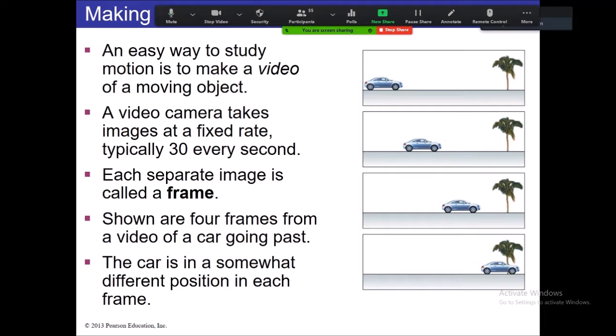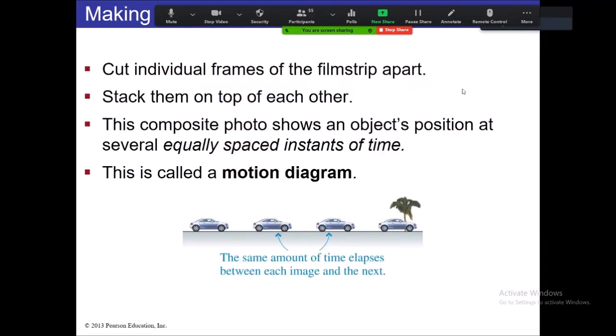So there's a car that's driving to the right here. And let's say that car goes at a constant speed. And we take pictures at equal intervals of time. And we'd see the car progressively get to the right. We want to stack all of those into a single image. And that's what our motion diagram is going to be.